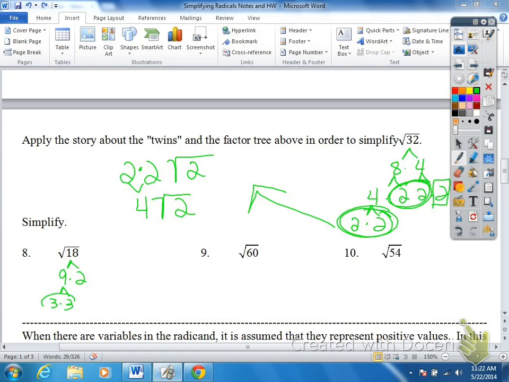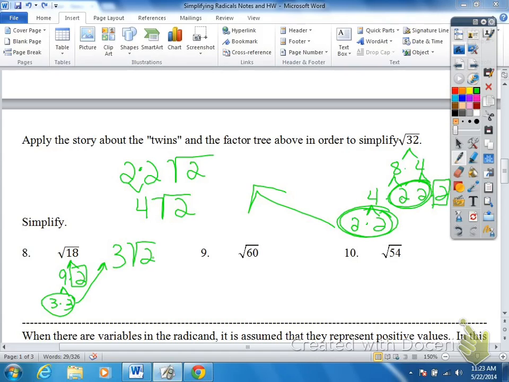There's a set of twins, goes to the outside. Here's my leftover, stays on the inside. So it's 3 square root of 2. So this lesson, guys, basically consists of, can you make a factor tree, can you find the twins? If you can do those things, then you're in good shape. So we are ready to move forward.